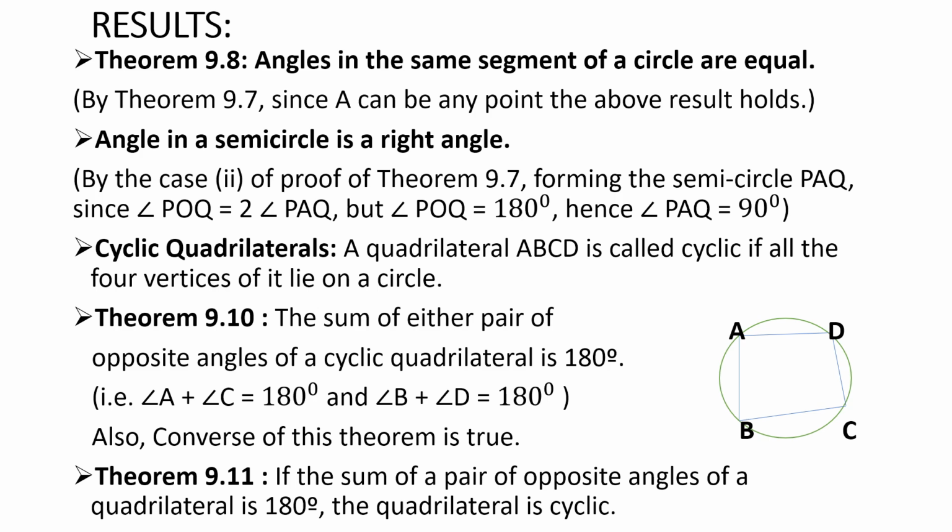Means if you take the opposite angles, angle A plus angle C is 180 degrees. Similarly, angle B plus angle D will always be 180 degrees. The converse is also true. If the sum of a pair of opposite angles of a quadrilateral is 180 degrees, then the quadrilateral is a cyclic quadrilateral.